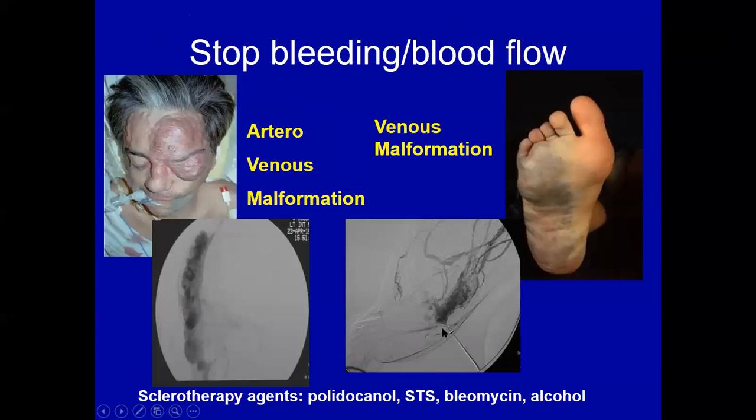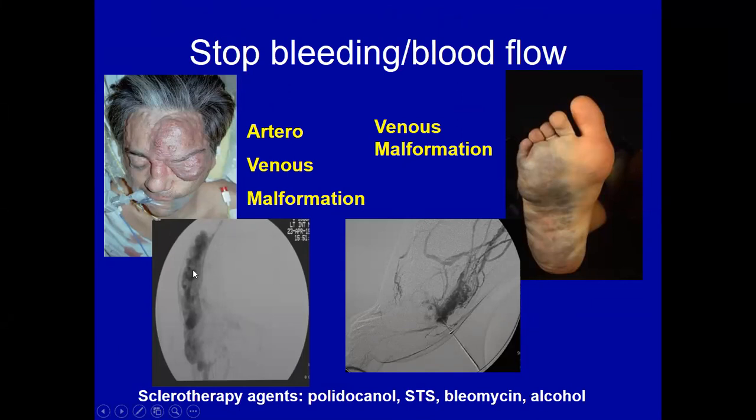We can stop flow to malformations. So here is a patient with arteriovenous malformation, a connection between the artery and the vein. And we can use different sclerosing agents, you don't need to remember them, but polidocanol, sodium tetradecyl sulfate, bleomycin, alcohol, and so on. We can use coils, glue.